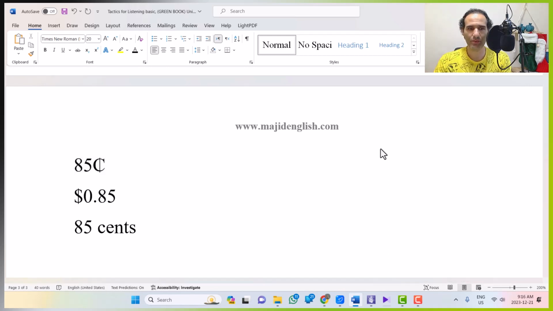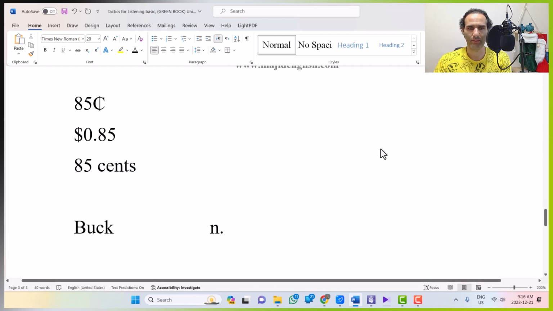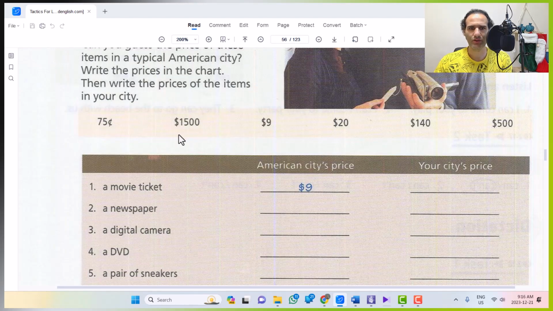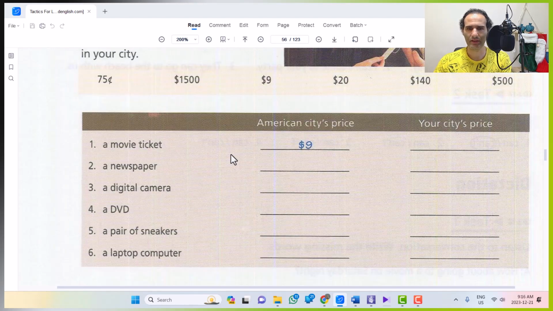We got this one, dollar, but this is 0.85, which again means 85 cents. If we didn't have this one, then it would be $85. Or write it down, 85 cents. And bucks we talked about, and nothing else. Just here I told you 1,500, which is not difficult.